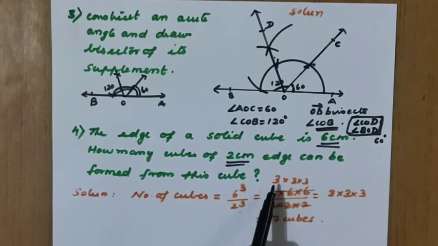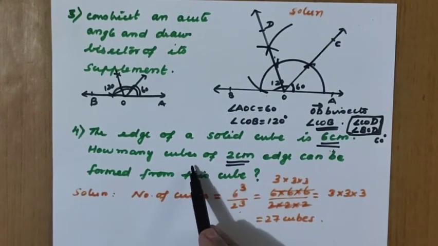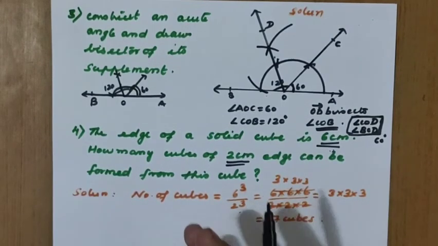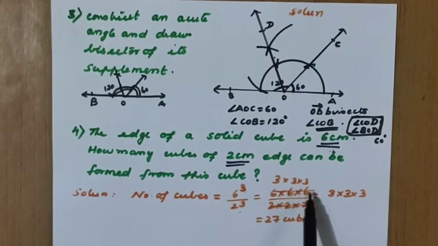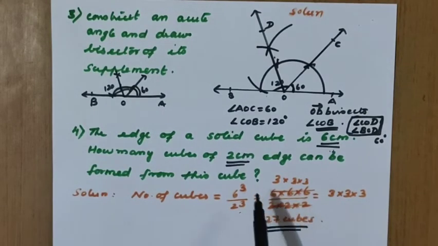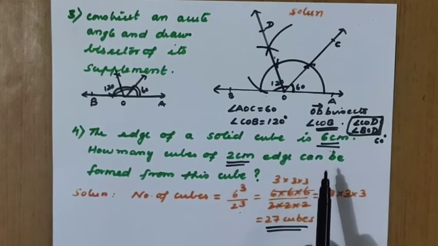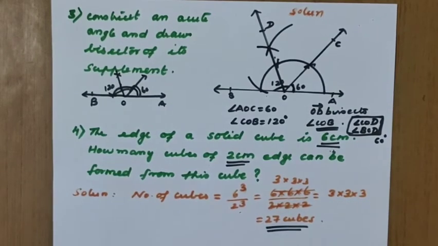Number of cubes equals the volume of the bigger solid cube divided by the volume of the small cube. Since it is a 1 mark question, you can directly do 6 cubed by 2 cubed. Cancelling, we get 3 into 3 into 3, that means 27 cubes. So 27 cubes of 2 cm edge can be made from the given solid cube with side 6 cm.